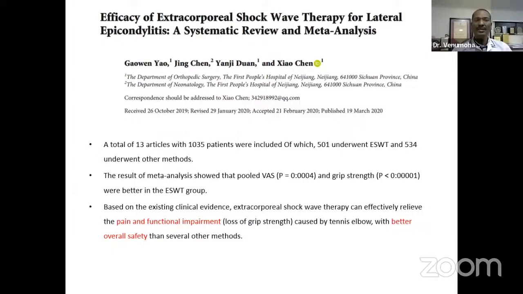The results showed improvement in VAS and grip strength. Based on the evidence, extracorporeal shockwave effectively relieved pain and functional impairment, and was found to be overall better and safer than the other modalities.